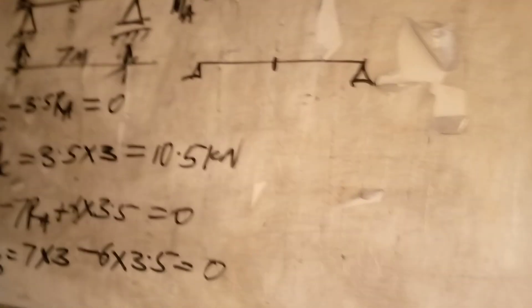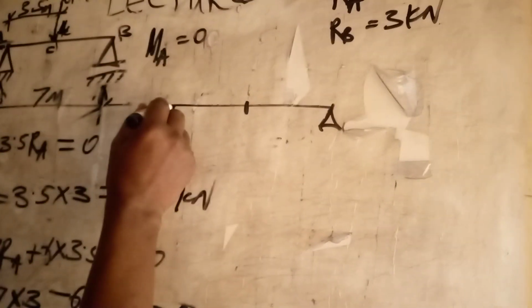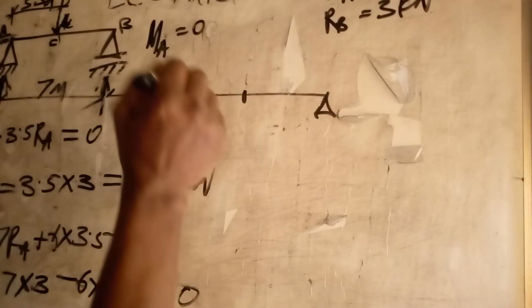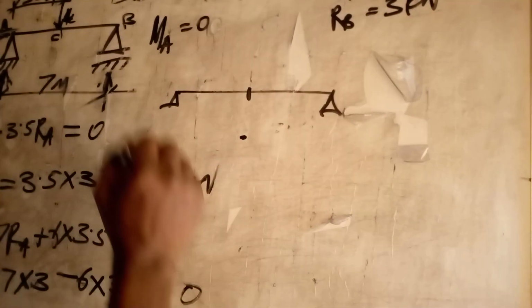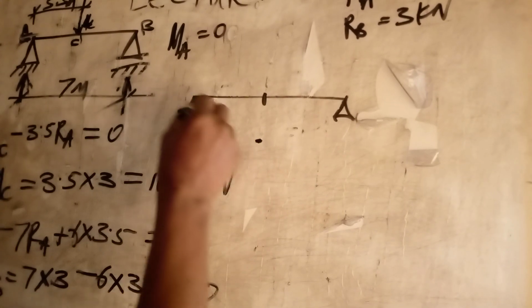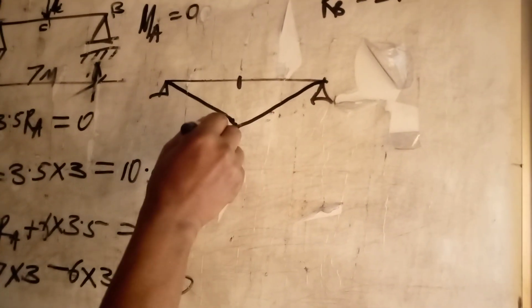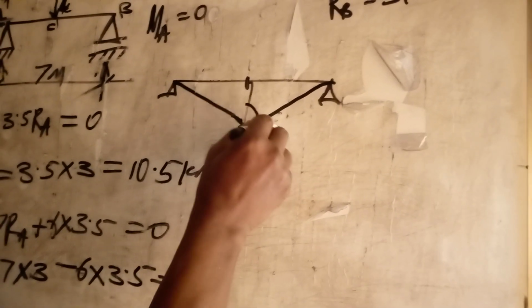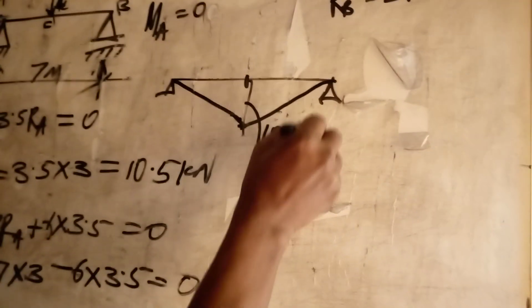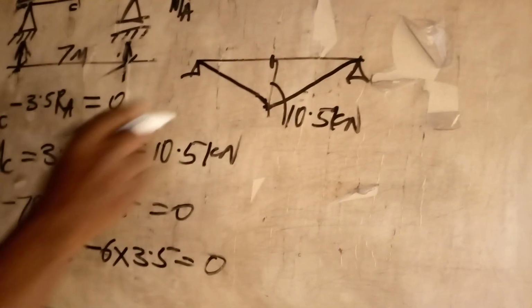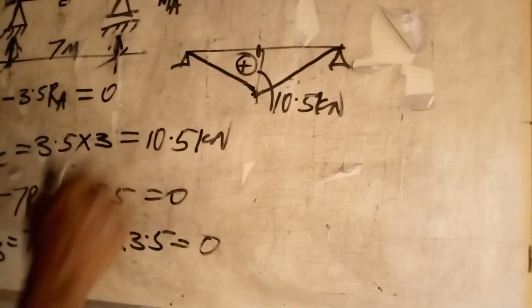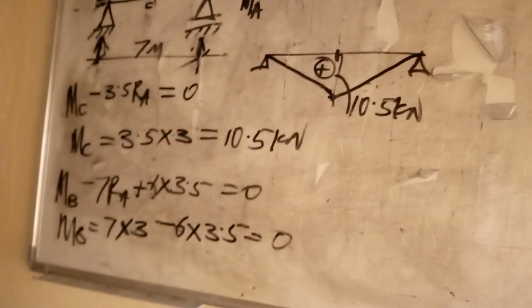This time it is a straight line graph, so I can easily plot. The moment here is 0, the moment here is 10.5, and the moment here is also 0. So this is 10.5 kilonewton-metres. This bending moment diagram is positive.